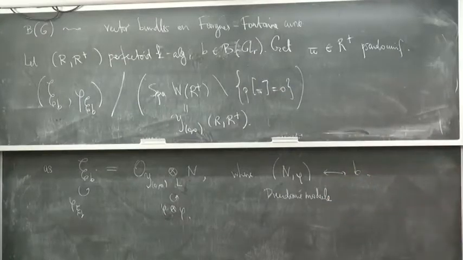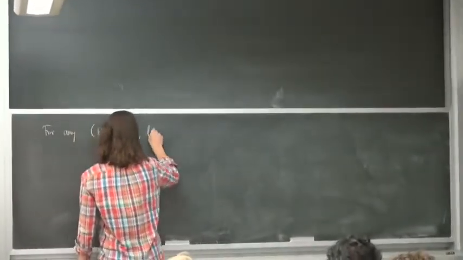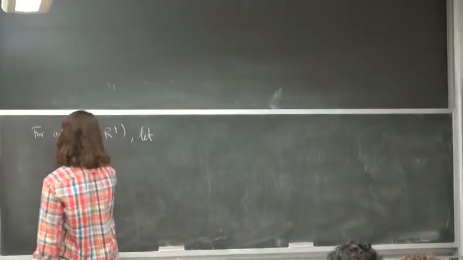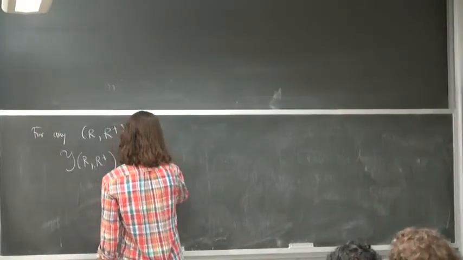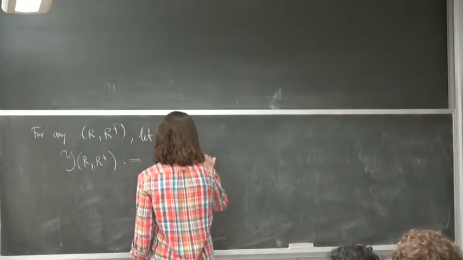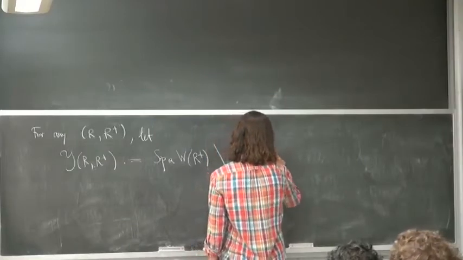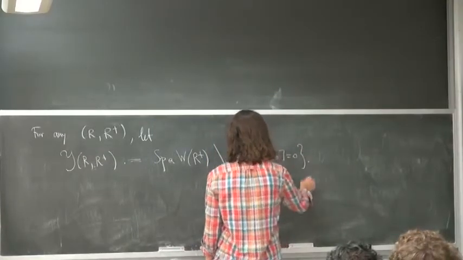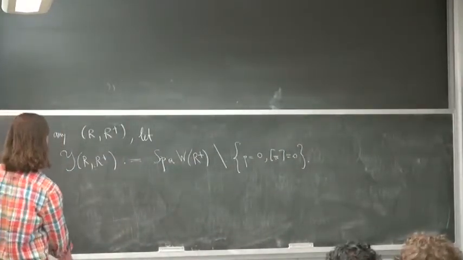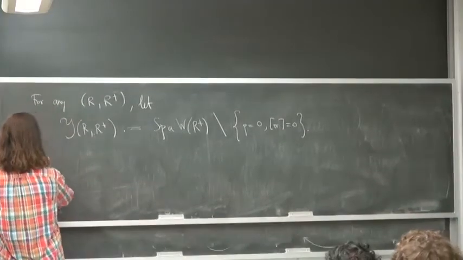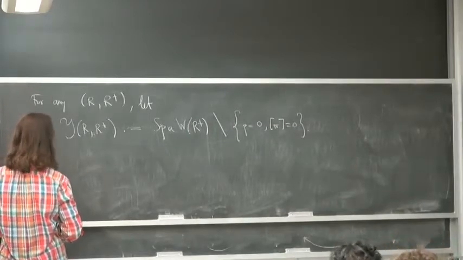So for any R plus, one can consider a space Y for R plus. To make it compatible with the notation for a geometric point, let's say it's a complement of the locus where both pi and pi-bar are 0. And so this still comes with a map which I also called kappa, unfortunately.